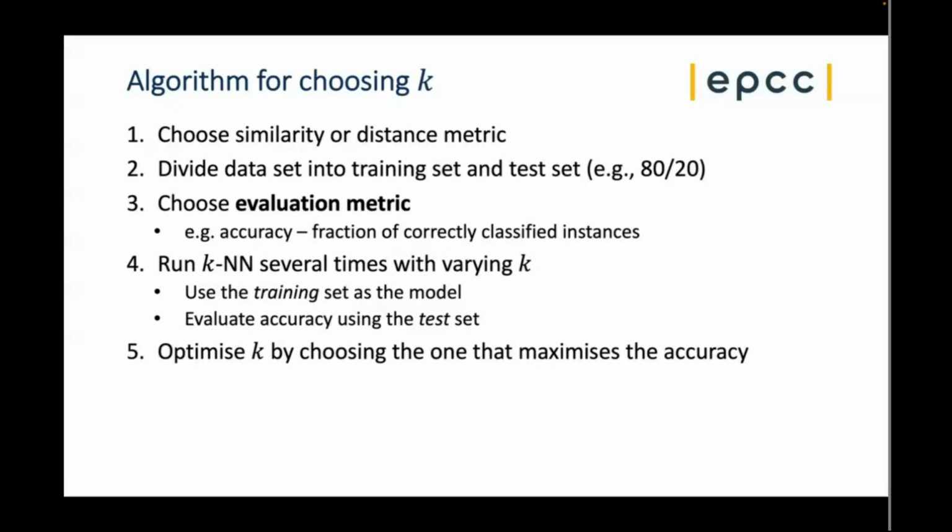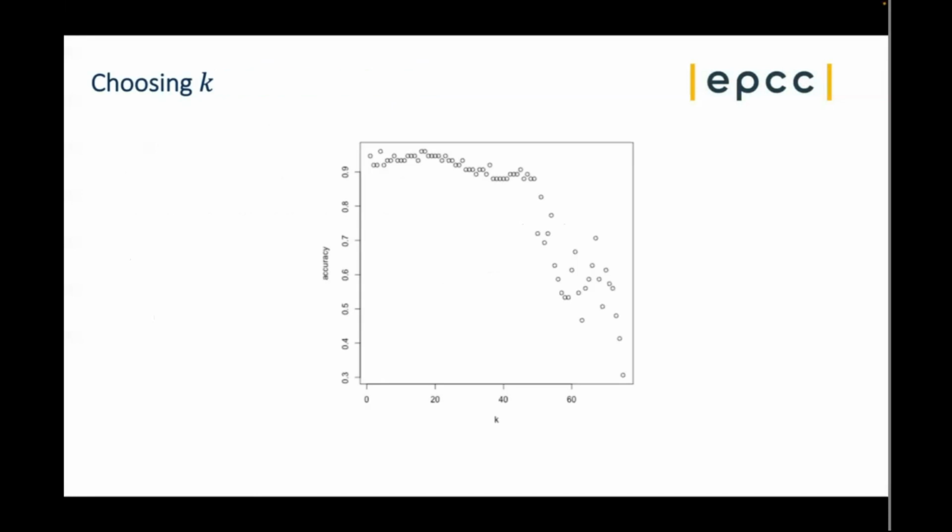So in this case, you would choose your K to be the one that maximizes the accuracy. Now, of course, you don't know that that will necessarily maximize the accuracy in the real world on your unseen data. But given what you've got from your training data that you've split into your training set and test set, that's going to be your best guess at what K the best accuracy will be obtained with.